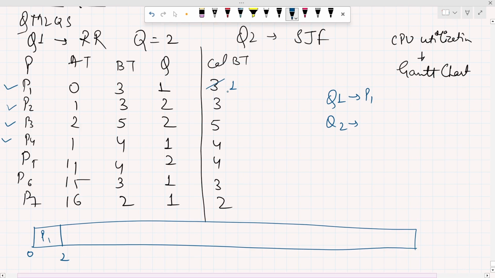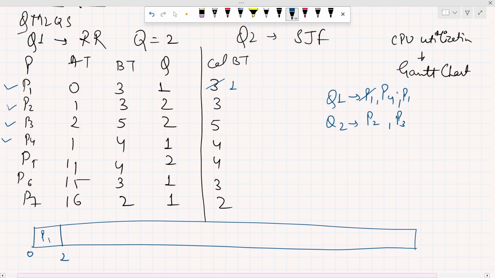We have to write P1 again, but before that we need to see whether there is any other process in the ready queue which follows the round robin scheduling algorithm. The answer is yes, the P4 process is in the ready queue. So first we add P4 because it comes first, and then P1 again because burst time for P1 is left. The rest of the processes are P2 and P3.